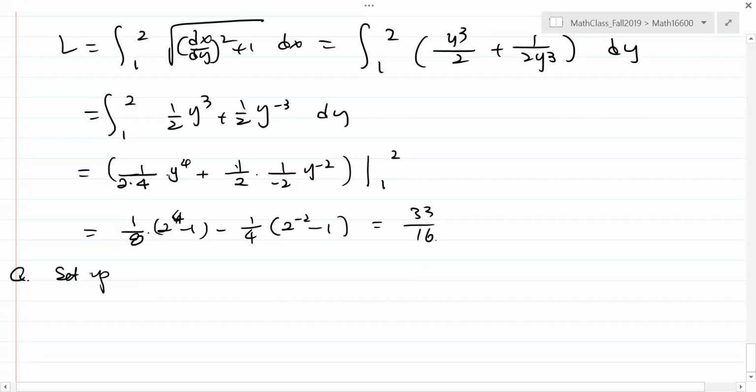So read the question carefully. If I ask you to set up an integral for the arc length, then don't evaluate. Don't waste time.